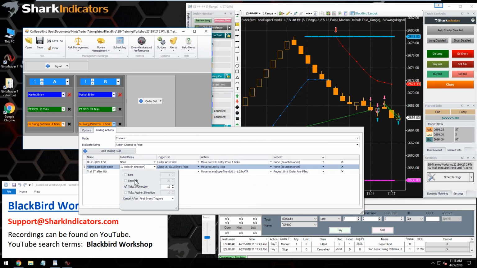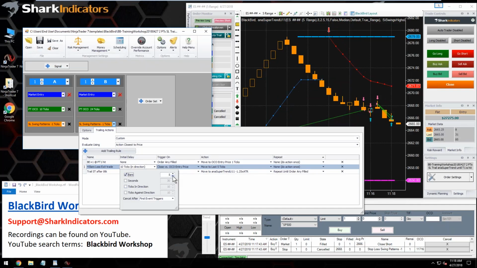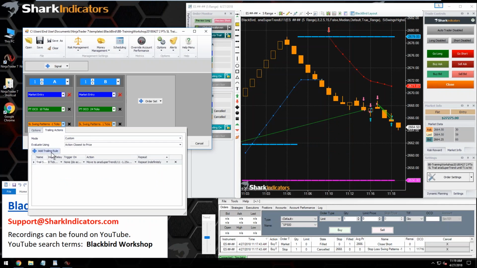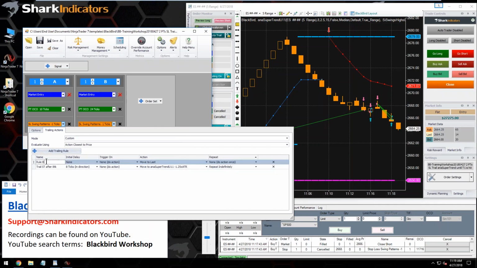All right, but we're going to have to adjust this initial delay here. So we're just going to have to delay it for 4 bars. Oh, actually, maybe we need to delay it for just 1 extra bar. Yeah, just for good measure. Okay, and so we really need that rule for the first profit target.